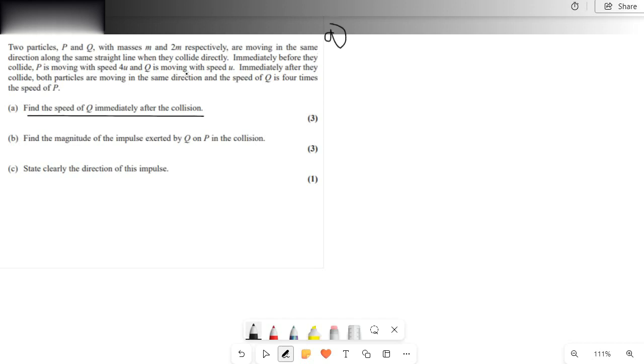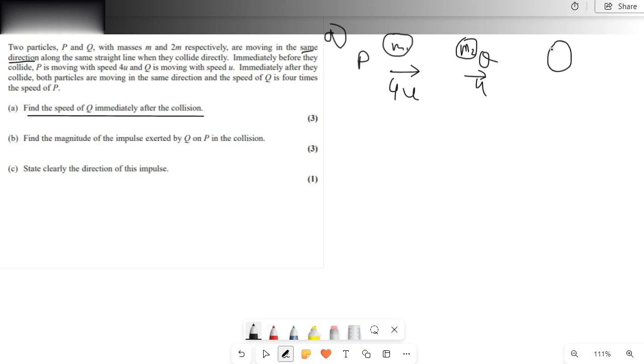So for number A, we also have to draw the diagram again. If this is P with M1 and if this is Q with mass M2, we know that initially the speed of P is 4u and Q is u because they were moving in the same direction as given here.